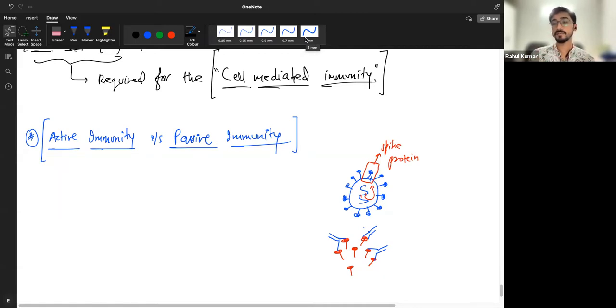Mothers do it when they transfer antibodies through placenta and through colostrum into the baby's body. It's a passive immunity. It's being passed on. That's why it's passive. The immunity is itself passed on, but it will not stay there because we didn't form it. We just will use it when all the antibodies are used up. Either we have to form new antibodies as a memory, or we have to do an active immunity.